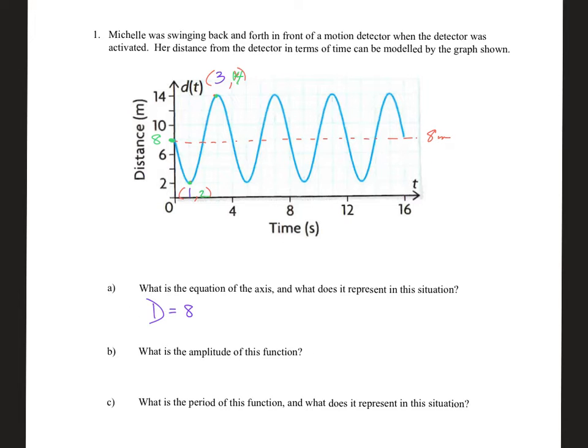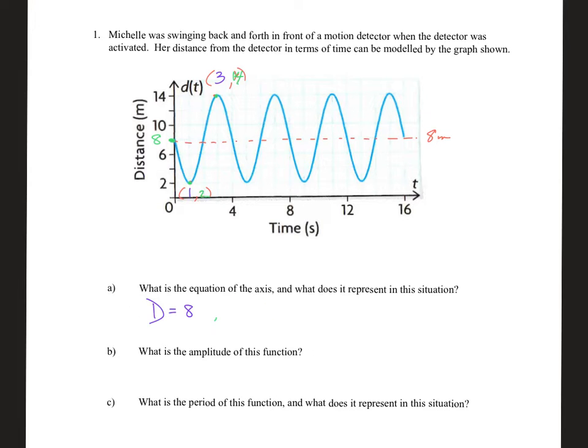So what does that 8 represent in this problem then? Yes, we could write that it is halfway, but that's really just stating again what the equation of the axis is. Instead, let's think about that context.